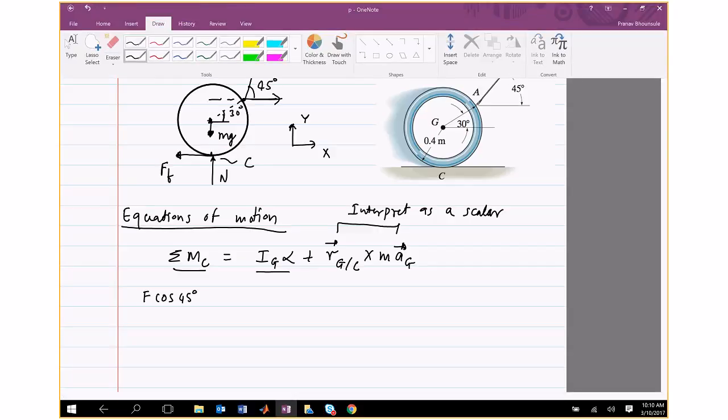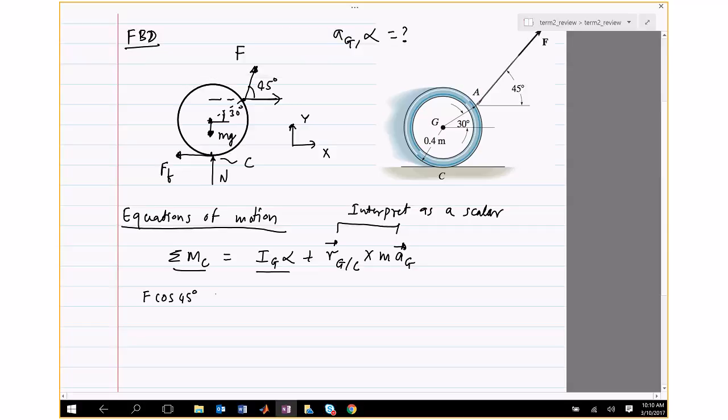What's that distance? So the radius is 0.4, right? So it's 0.4 plus this distance.